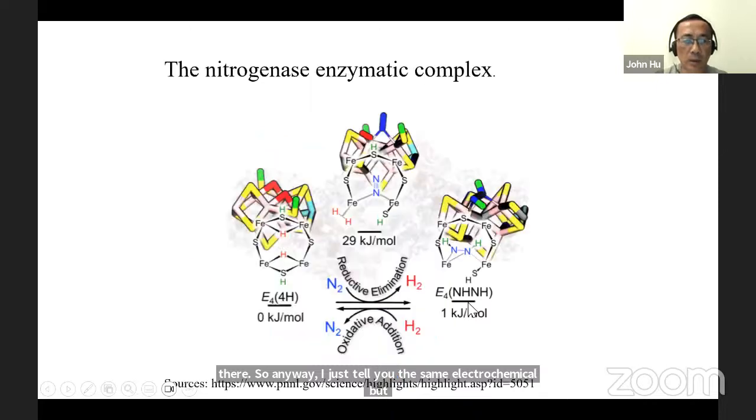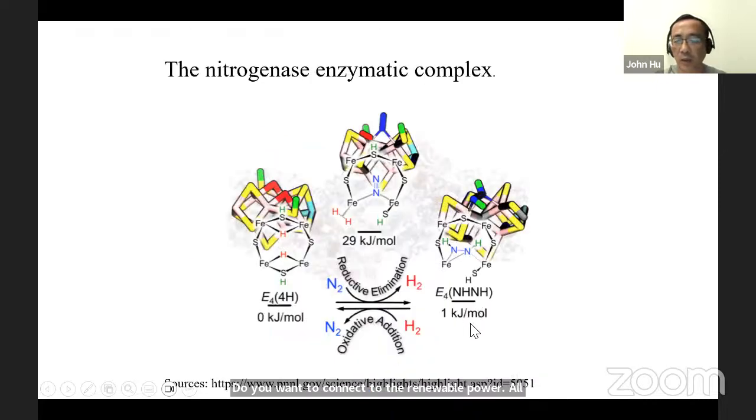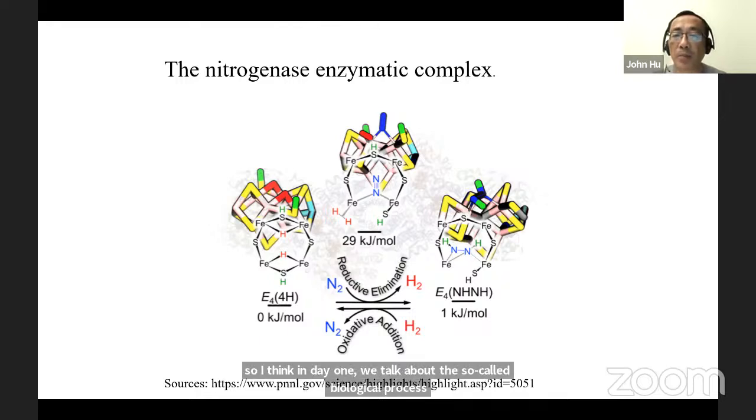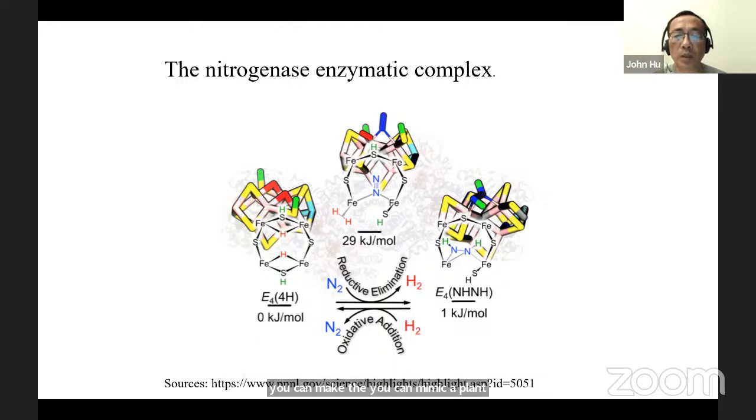All right, so the last slide for this session. In day one, we talked about the so-called biological process. You can mimic a plant, or you can simulate nature to make a material, the nitrogenase enzymatic process. Enzyme.